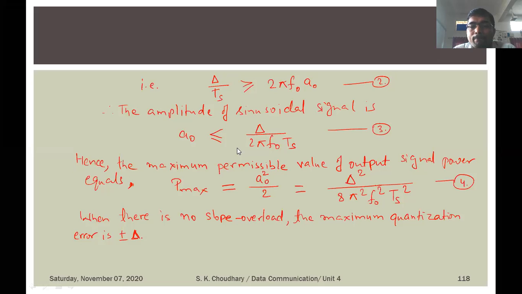Generally, up to this point, they may also ask what is the value of the maximum power to satisfy the condition of no slope overload distortion. If it is asked like that, then you have to limit your calculation up to equation number 4, and it would maybe be a 4 marks question. But if it is the signal to noise ratio, it would be increased to a 6 or 8 marks question.